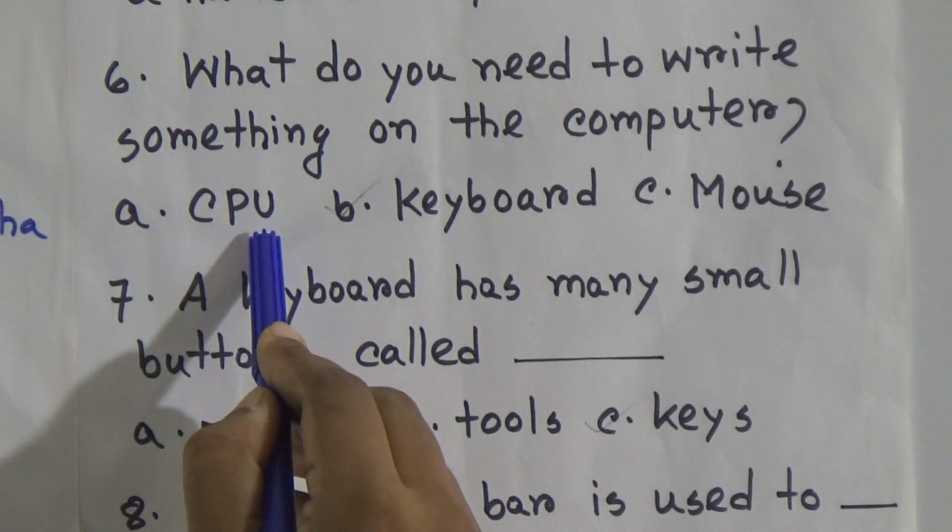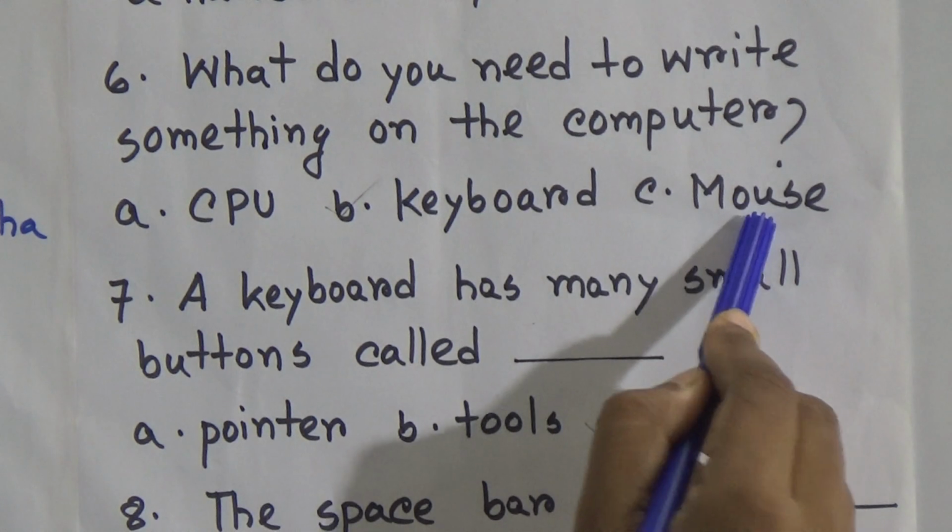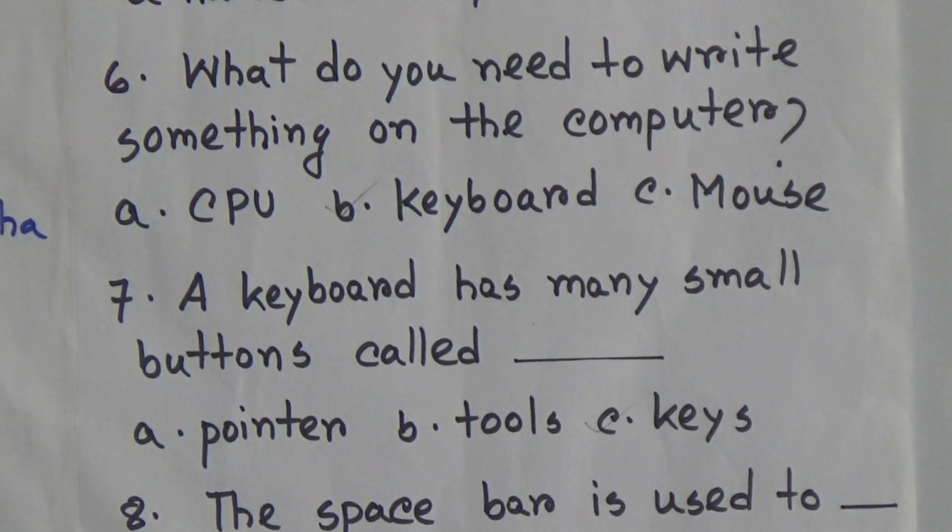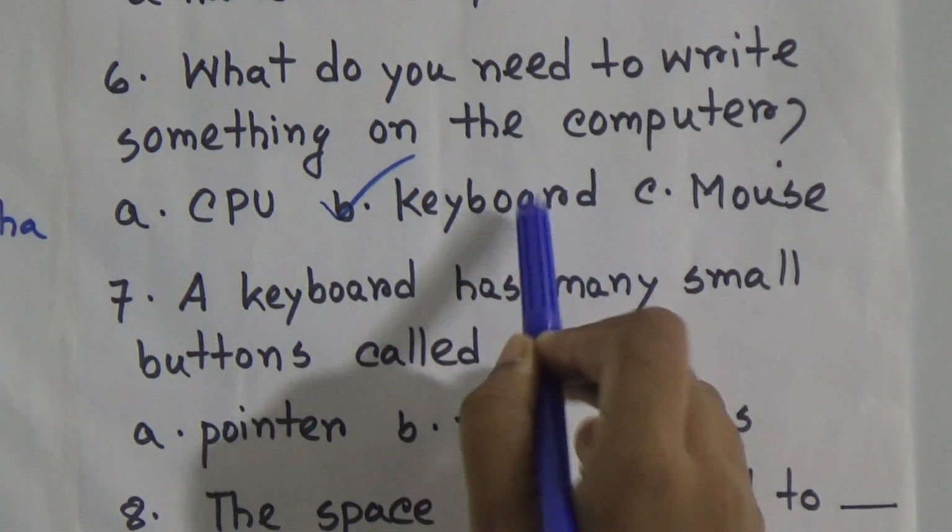Options are CPU, keyboard or mouse. We need keyboard because the alphabet keys, function keys and the number keys are present in the keyboard, and we normally use the alphabet key and number key for typing, and they are present in keyboard.